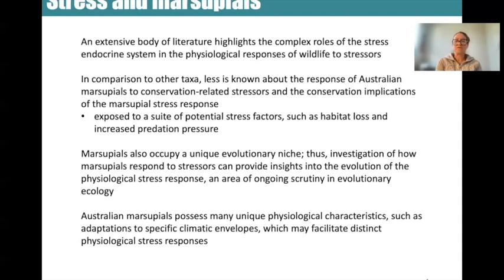And this sort of area of research is an ongoing area in evolutionary ecology. So Australian marsupials possess many unique physiological characteristics, such as adaptations to specific climatic envelopes. And from that, this means that there may be facilitation of distinct physiological stress responses within this group of mammals.